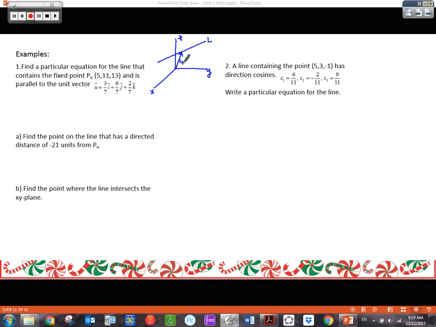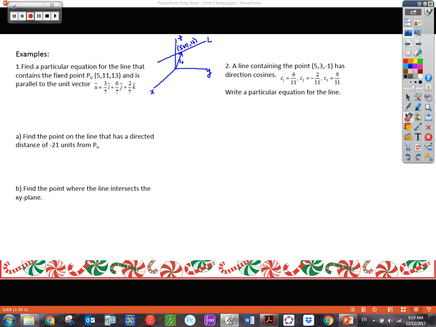This would be R0, and this would be to point (5, 11, 13). Okay, and then we have another vector coming out of the origin to a general spot on the line. This is vector R, which is the vector that we're writing, and that's in X, Y, and Z. So that's what we're looking for.